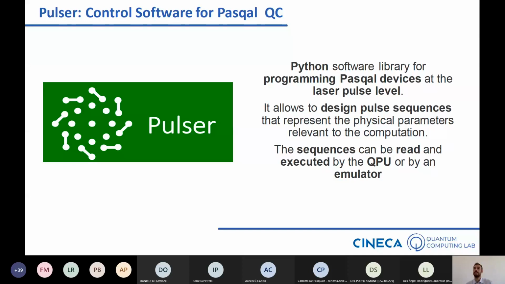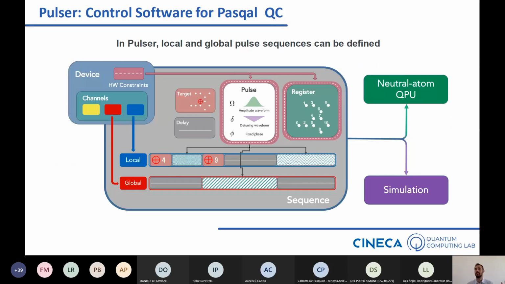Then the sequence is read and executed by the QPU, the real hardware, or you can do your emulation on a classical machine, simulation or emulation.